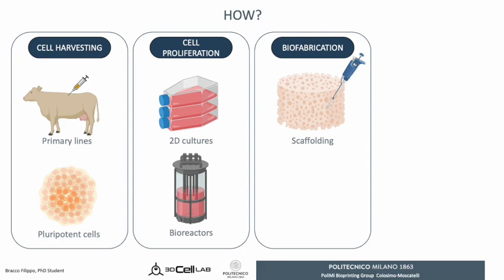Recently, another approach is gaining importance: the biofabrication. This process allows to produce a cell-laden construct making use of material containing cell and biological molecules that are mixed together. The main advantage is the possibility to fabricate thicker structures and to control the spatial arrangement of cells, even of multiple types.